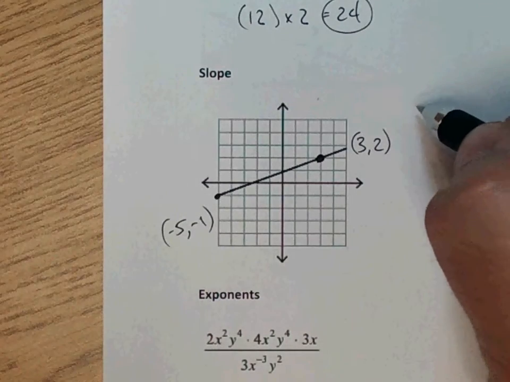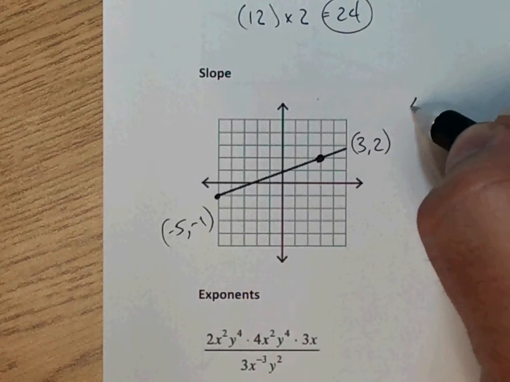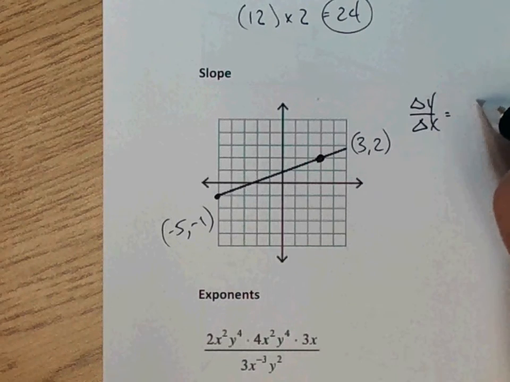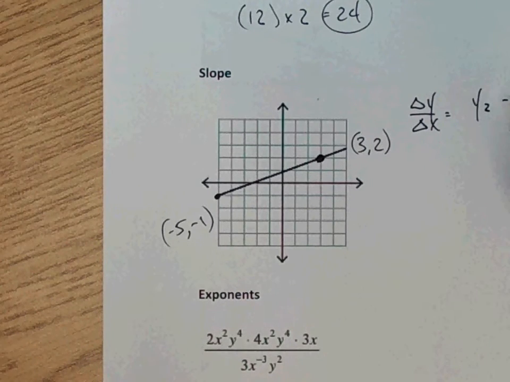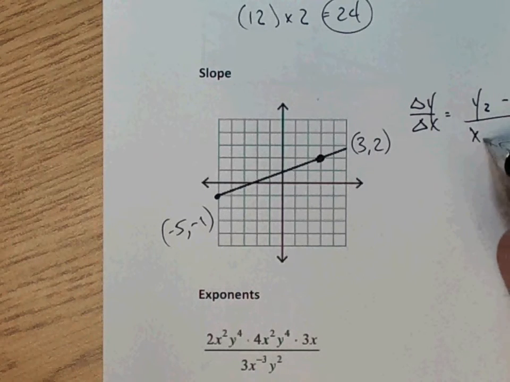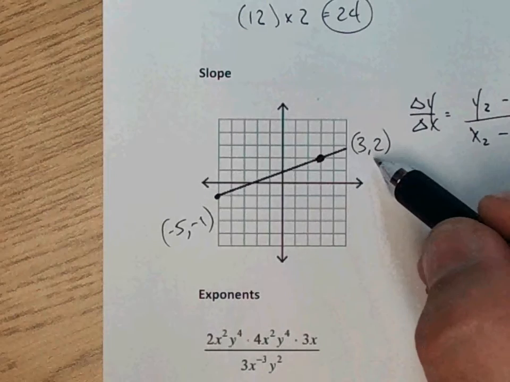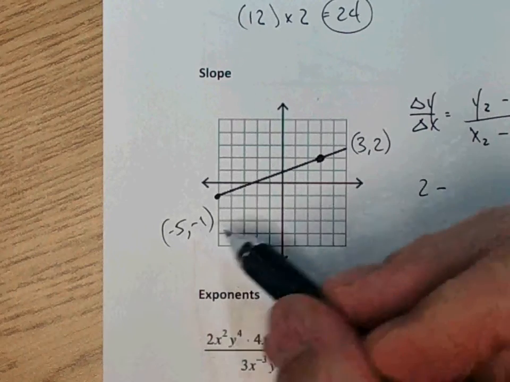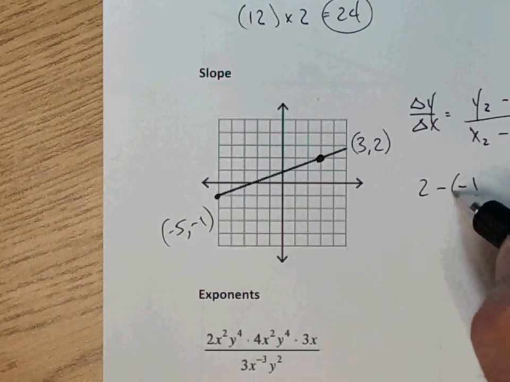And then for slope, remember it's rise over run, or the change in y over the change in x. Change in means the final position, or the second position, minus the initial, or the first one, and the x the same way. Second one minus the first one. So the second one is the 3, 2. So for y we have 2, and then down here at the first one we have negative 1.